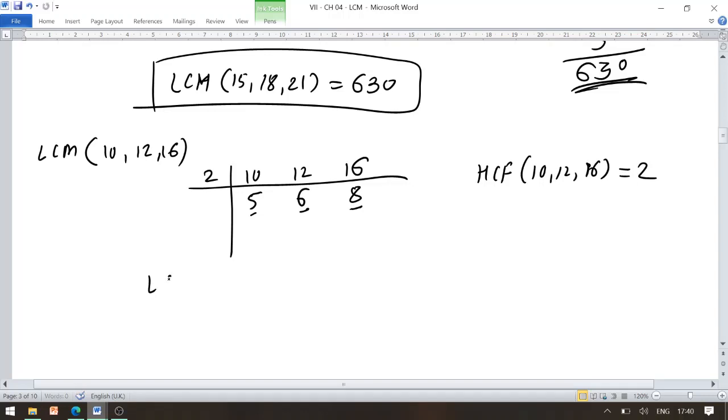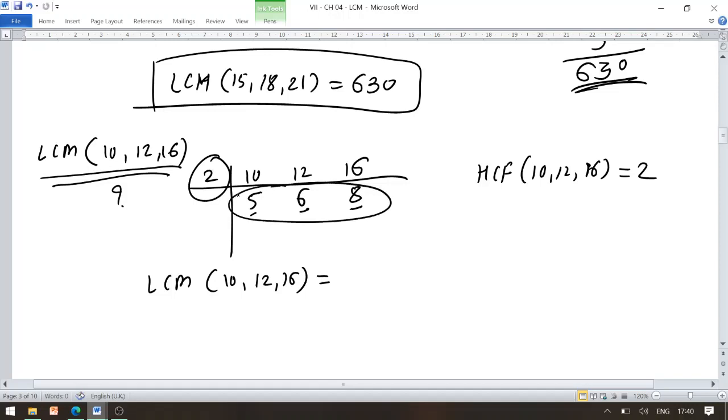But what about your LCM? The LCM of 10, 12 and 16 is given by the multiplication of all common divisors as well as the remainder at the last stage. So we have 2 into 5 into 6 into 8.